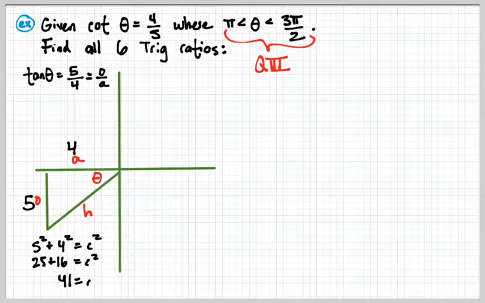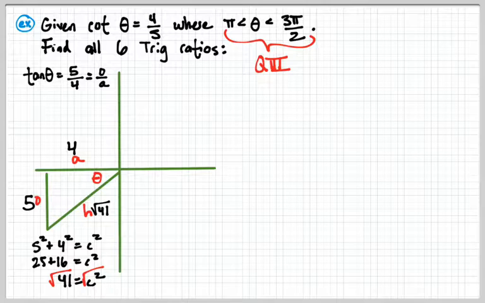It's not a pretty number. I do not want you to use a calculator. I want you to leave it as a square root of 41. So your final answer for this missing side is radical 41. We're good. Now, here is a subtlety that's very important to point out. Otherwise, if you do want to totally master this, it's important what quadrant this is in because it tells you what the signs are.